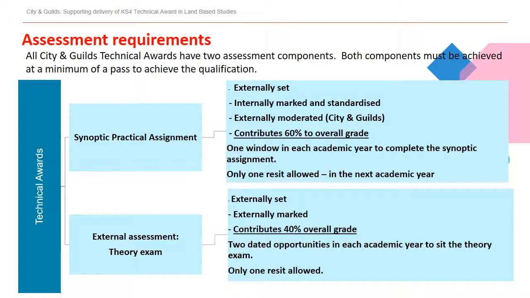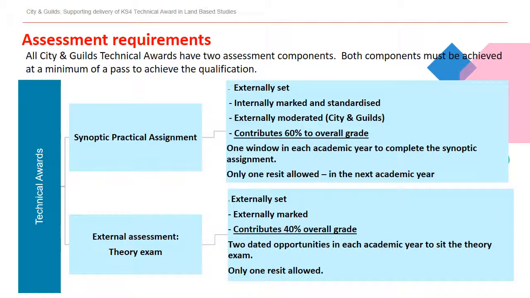It contributes 60% to the overall grade of the qualification, and there is 1 window in each academic year to complete the synoptic assignment. If a learner fails the synoptic assignment, there is only 1 resit allowed, and that is in the next academic year. There is no resit opportunity within the current academic year.